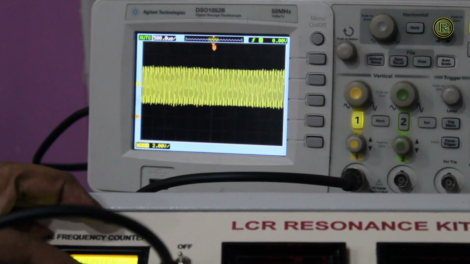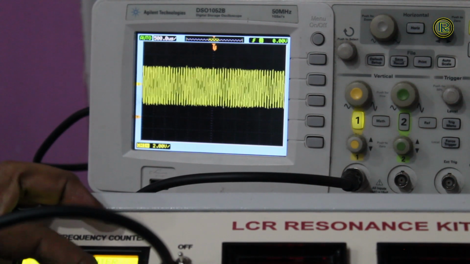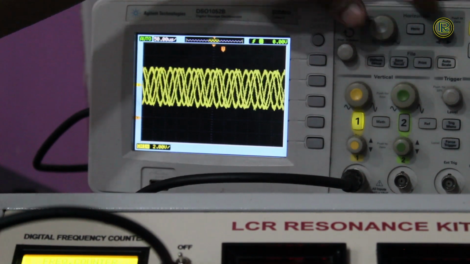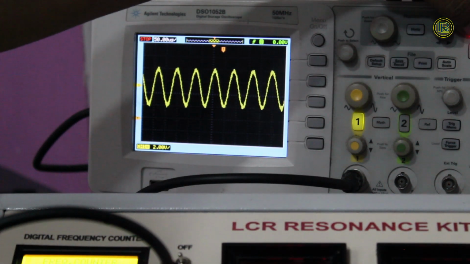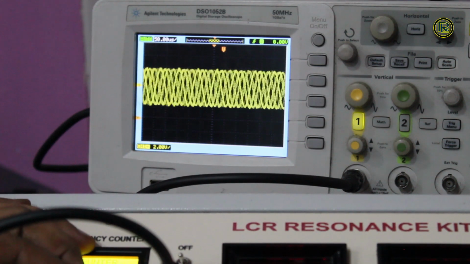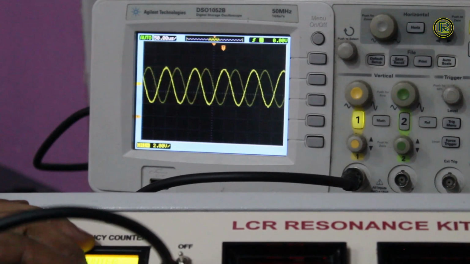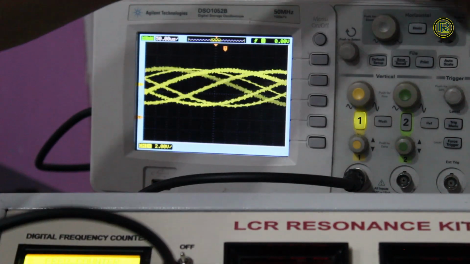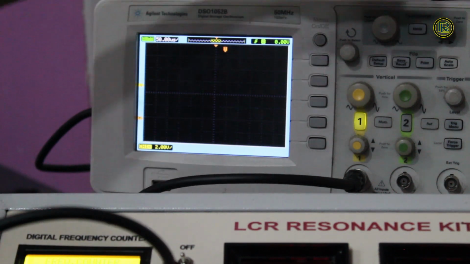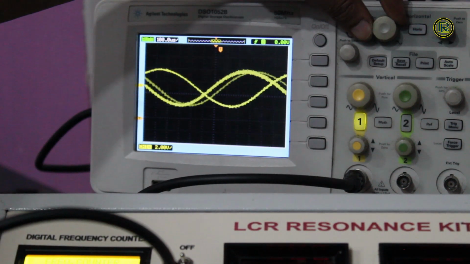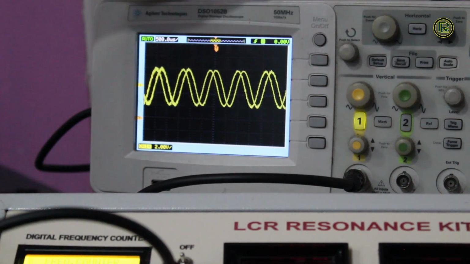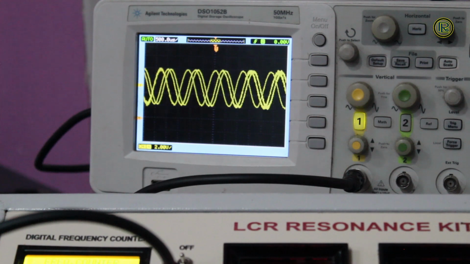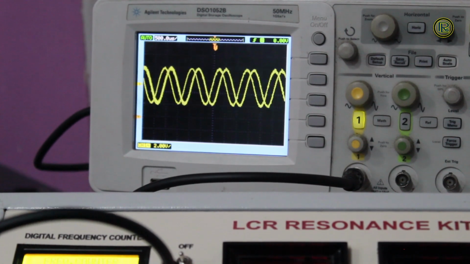So it is clear, if I change the frequency, I have increased it to the maximum, so it has become like this. Now again I am reducing the frequency, and what I find is that when it is giving the output with the variation of the frequency, the amplitude remains the same.